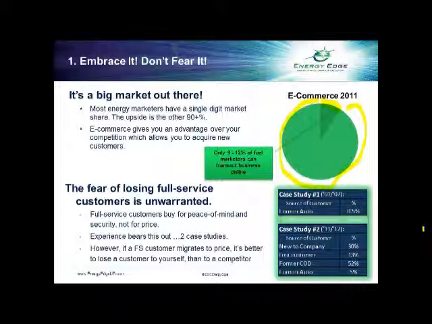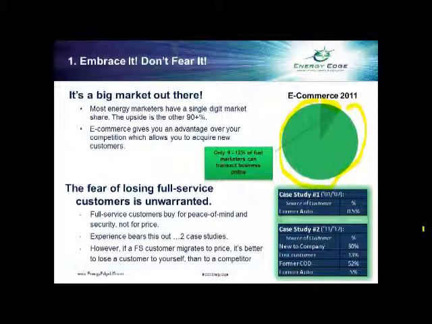One of the things that our clients have pointed out when they add online to the service availability for their customers is that where they had previously been losing full-service customers maybe to a competitor, once they offered online, they were able to save many customers just by serving them in a different way, the way that the customer preferred to be serviced. So, an observation there. And like I say, if you're interested more in terms of how full-service customers react if you have an online offering, just register for that other webinar, and we'll take you through that particular experience by the numbers. All right.